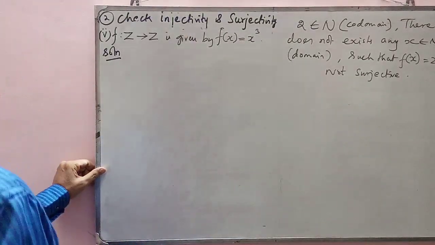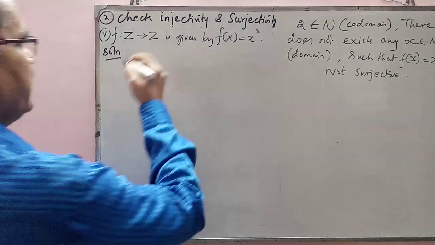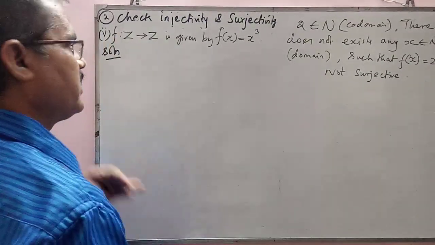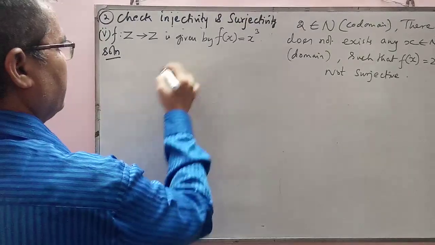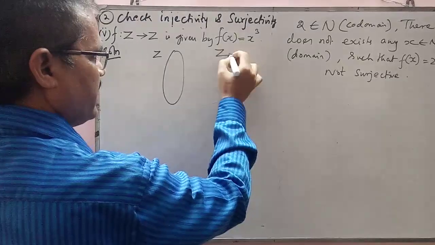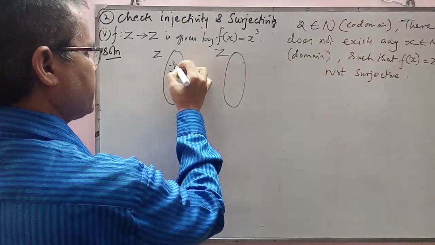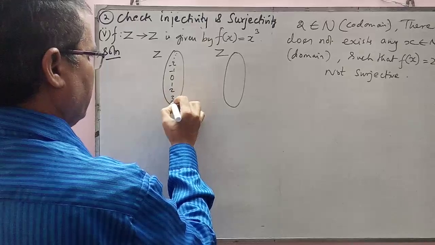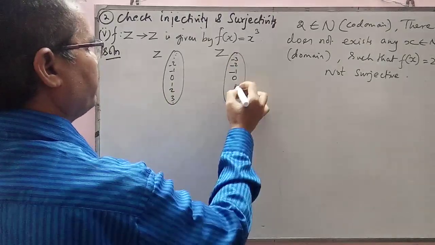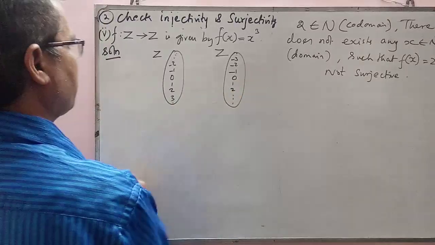Okay children, now let us start. Z to Z: integers, positive and negative numbers and zero, everything will be there, correct? So domain Z, codomain Z. Now I think you are very comfortable with these diagrams, right? Good. That's all children. It's going to be very easy.